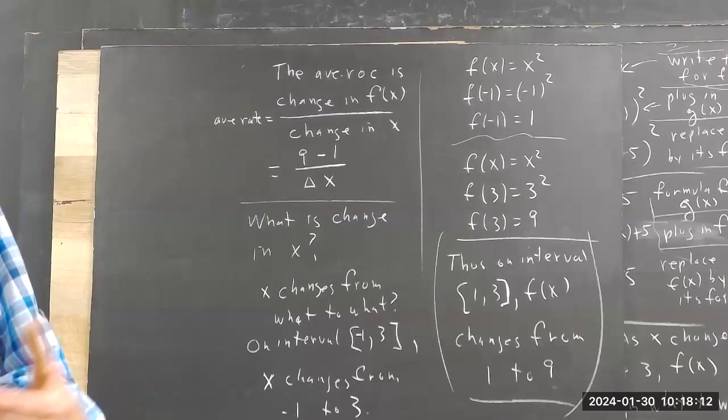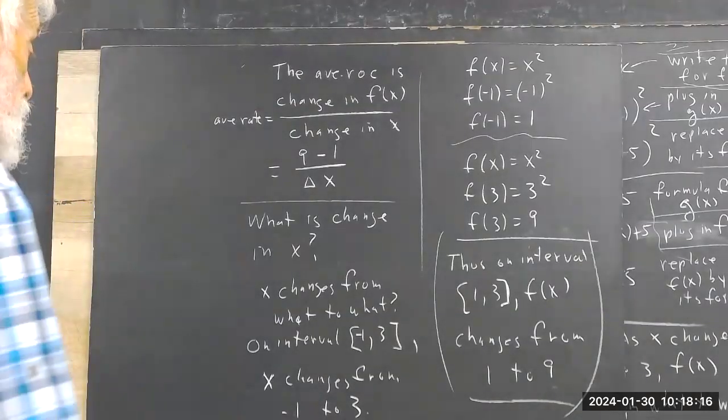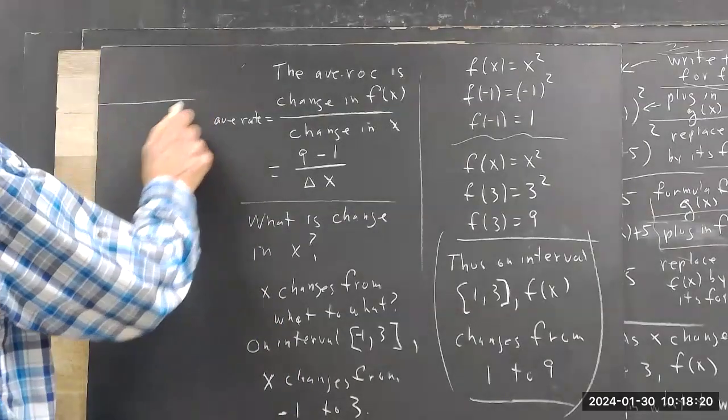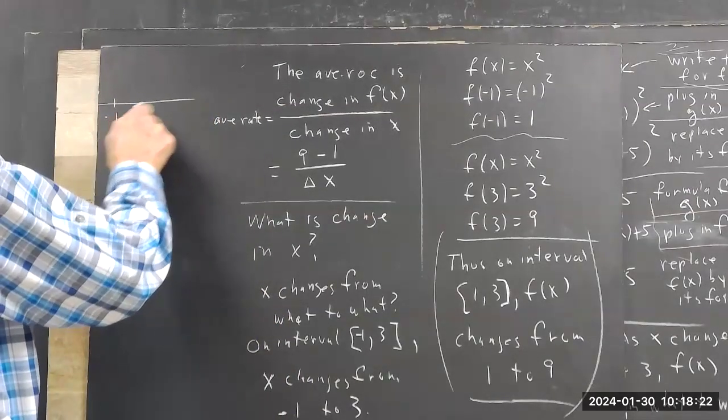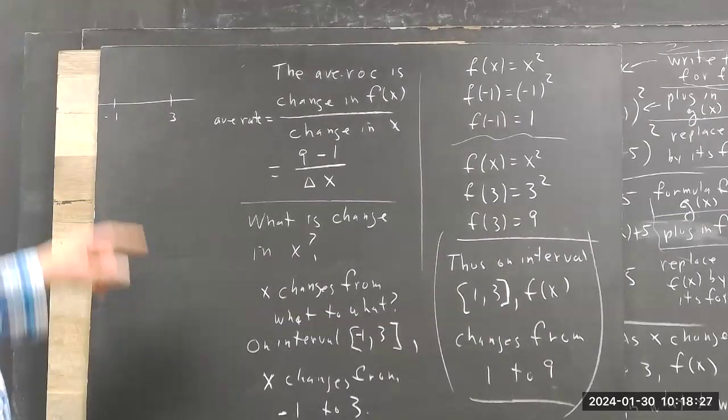Well, you're going from -1 to 3. You can visualize that. Here's the number line. Here's -1. Here's 3. How far do you have to go to get from here to here?